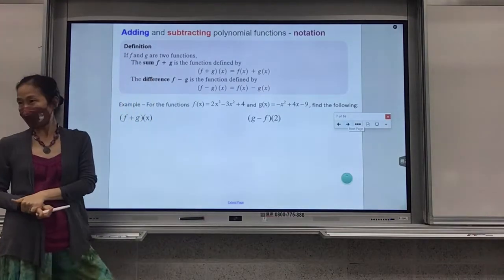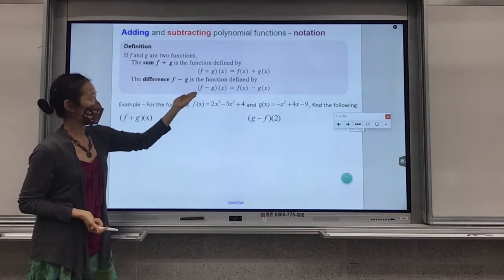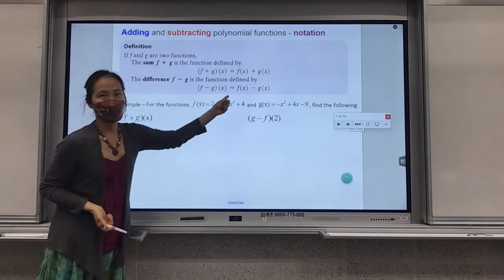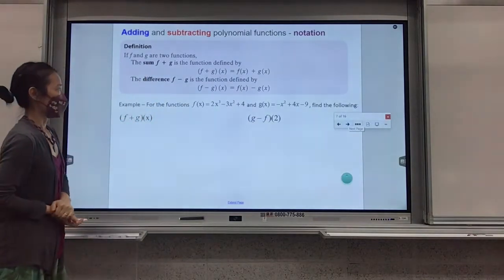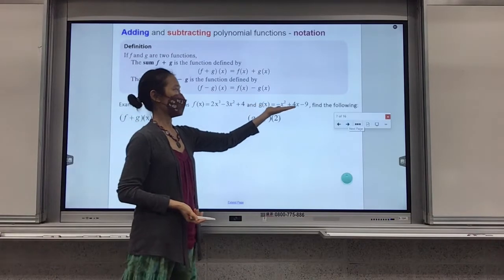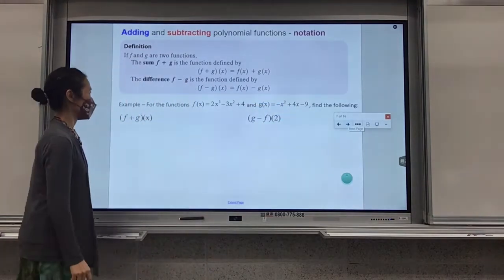If I want to subtract, I can write f minus g of x, or f of x minus g of x. So, given this is f, this is g, you do the following.